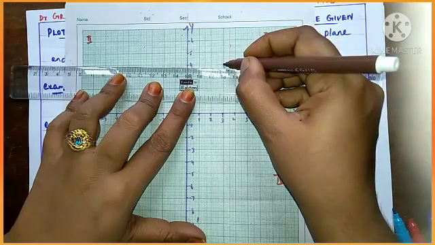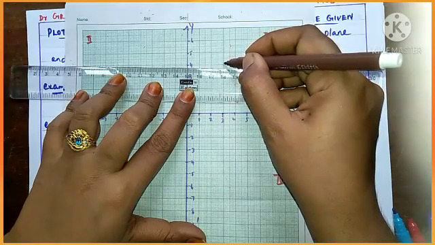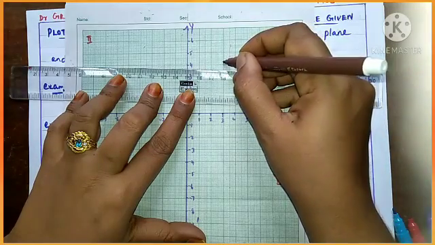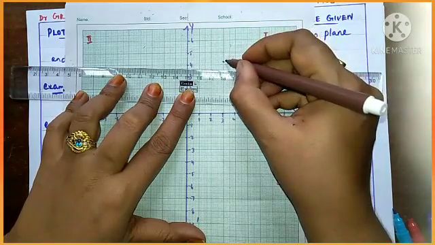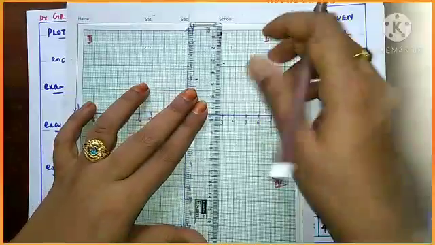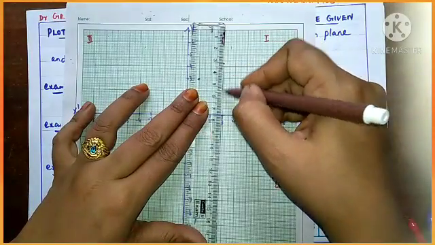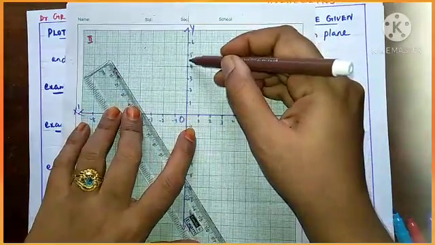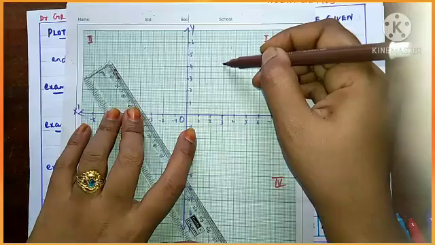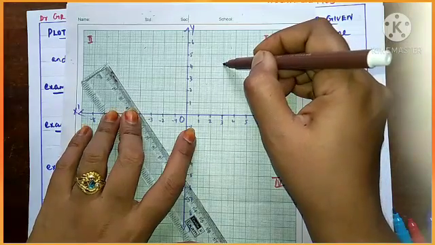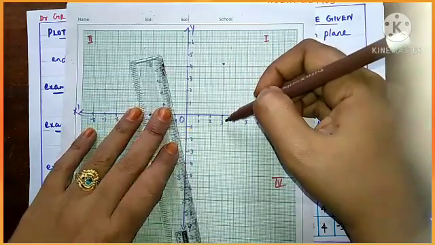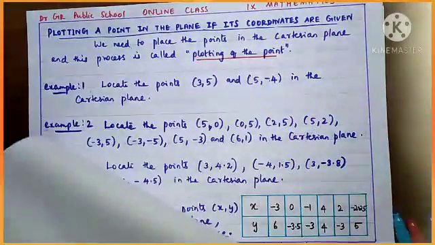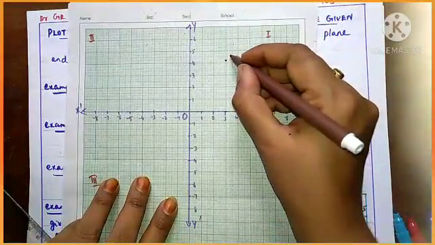So after 4, the second line is 4.2. Understand? So take it very carefully, decimal. So this is the meeting place of 4.2 distance from the X axis and 3 centimeter distance from the Y axis. Okay, so we are plotting it 3, 4.2.